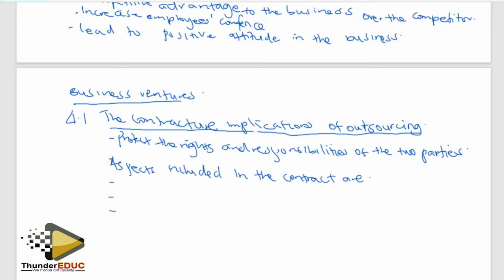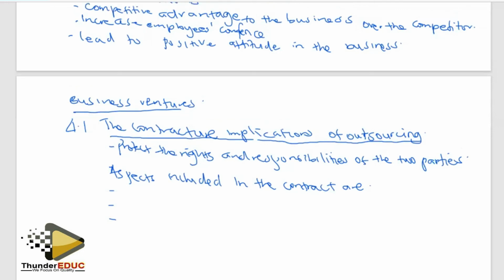The aspects included in the contract are the exact service or product to be rendered. Why are you outsourcing me? What am I going to do there? It must be shown. Besides that, the duration of the contract must be shown.